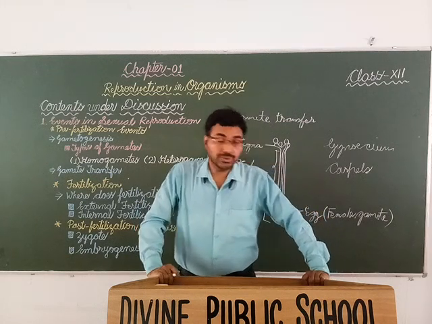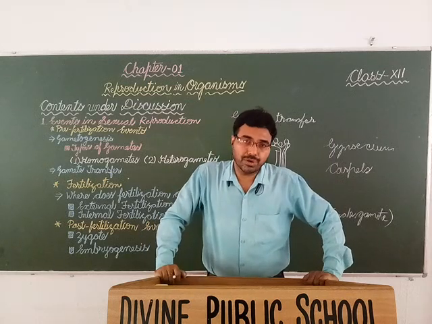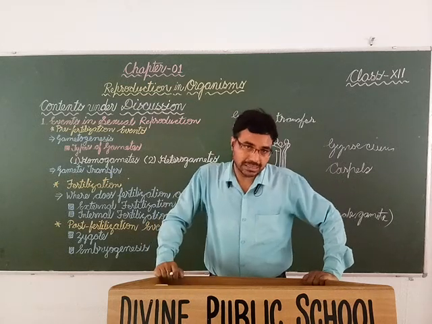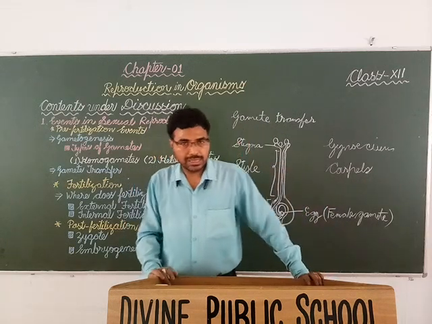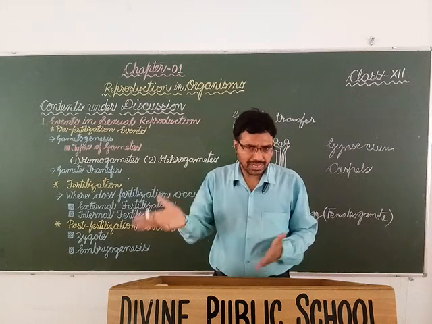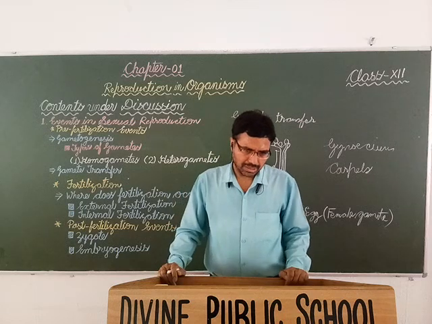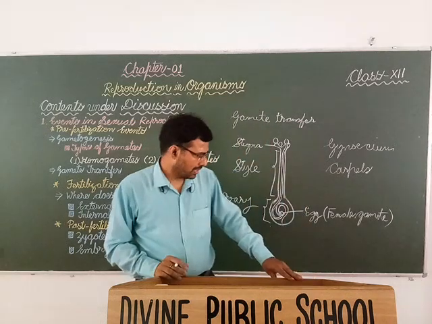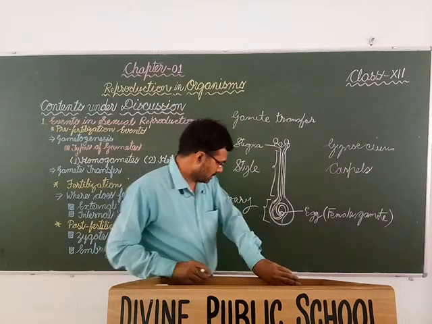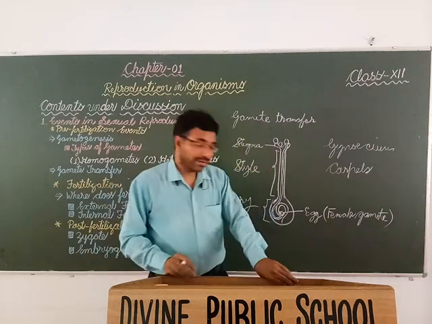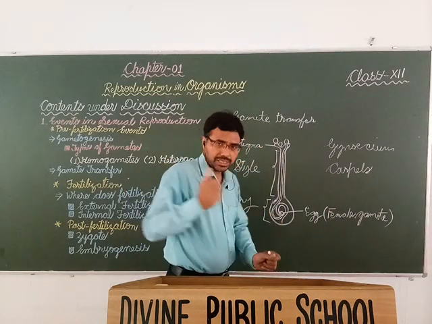Now, as I told you, in case of flowering plants, two male gametes are formed. These two male gametes enter inside the female gametophyte, where one male gamete fuses with the egg cell, and the other one fuses with the secondary nucleus. In this way, fertilization takes place.